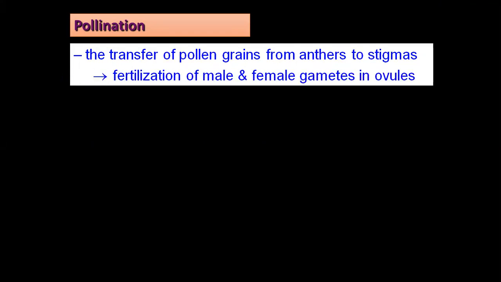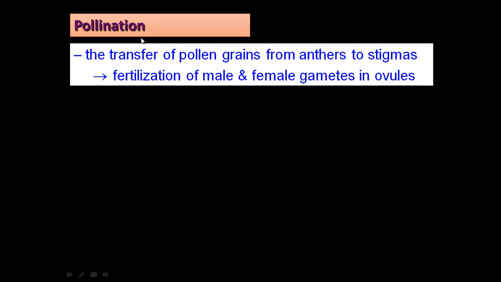So within the anther pollen grain will develop and that will transfer to the stigma of the flowering plant. Now, this pollination leads to fertilization. Fertilization is the fusion of male and female gametes within ovules.